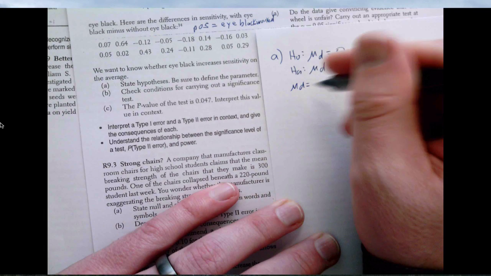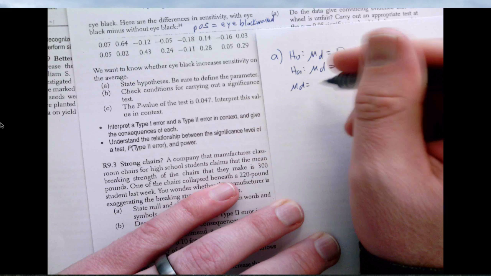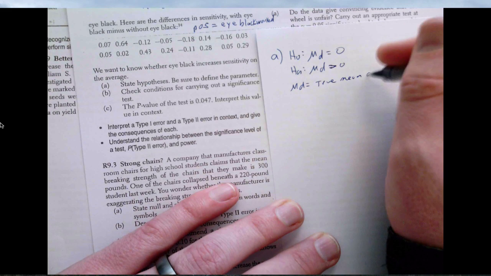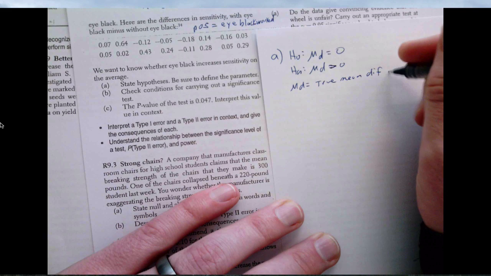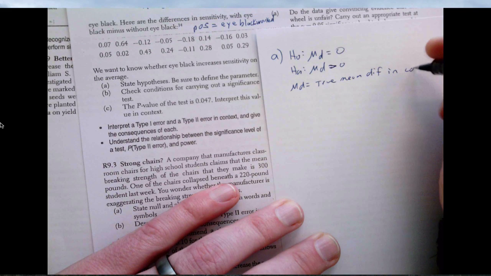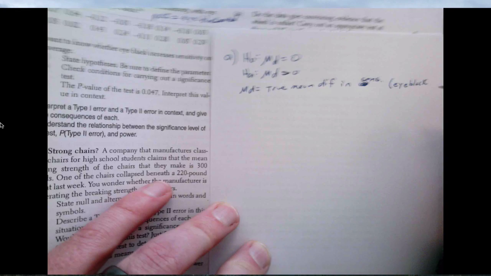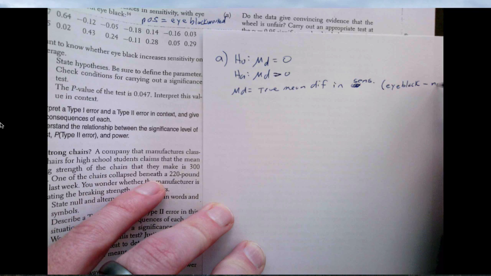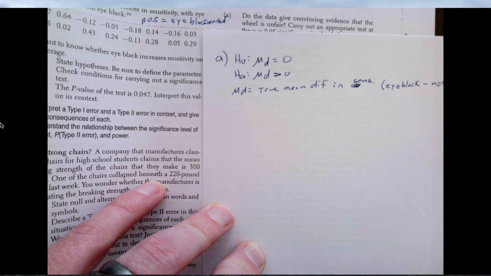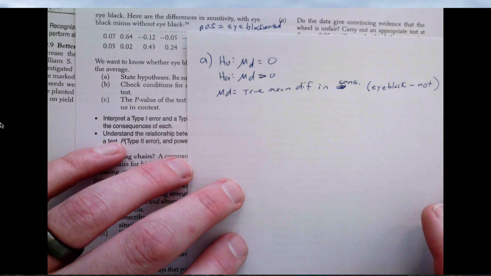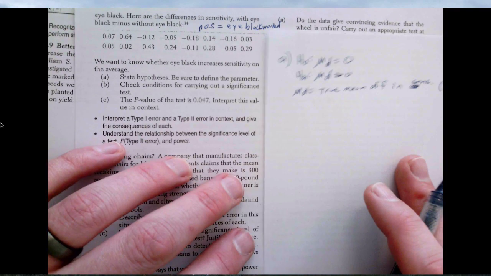Mu d is going to be the true mean difference in contrast sensitivity, and it's defined as eye black minus not eye black. And if you want, you could rephrase that the positive means the eye black worked. All right, so there's a description of those.